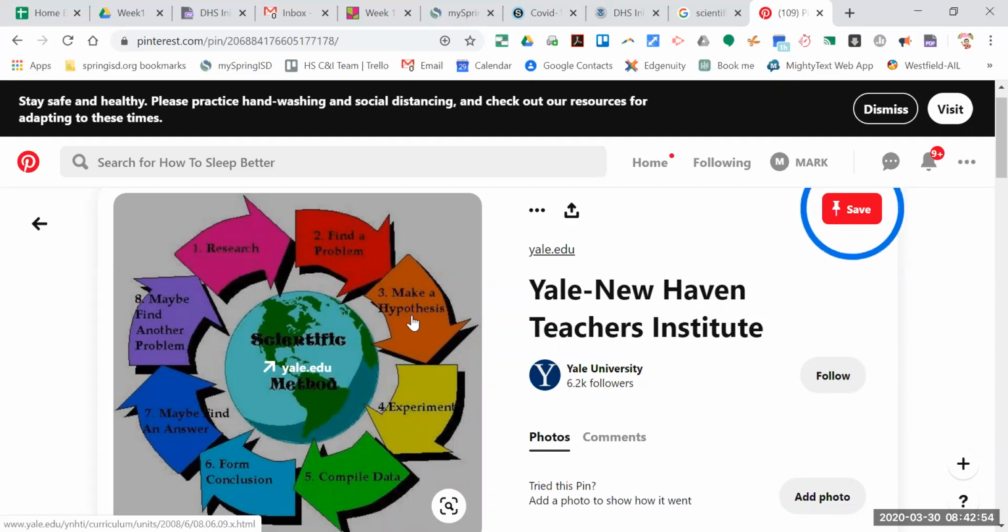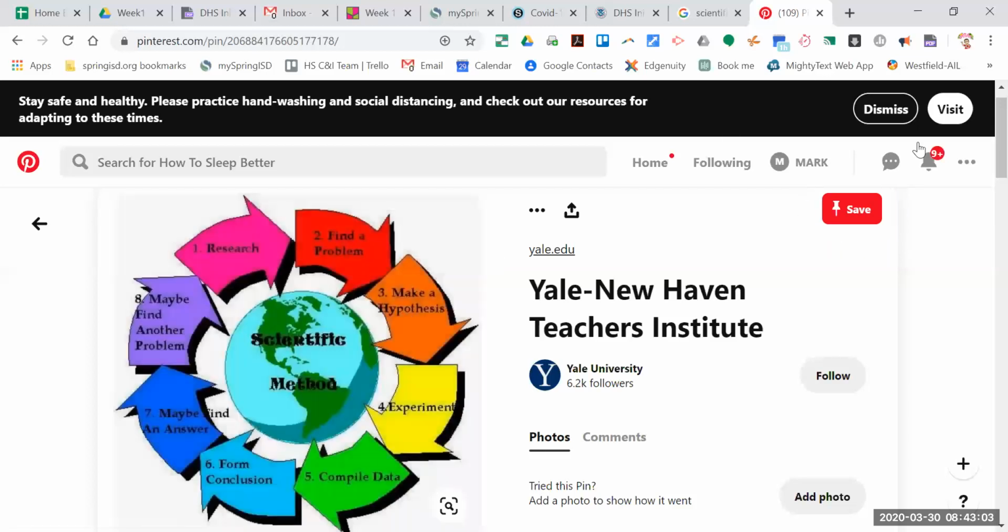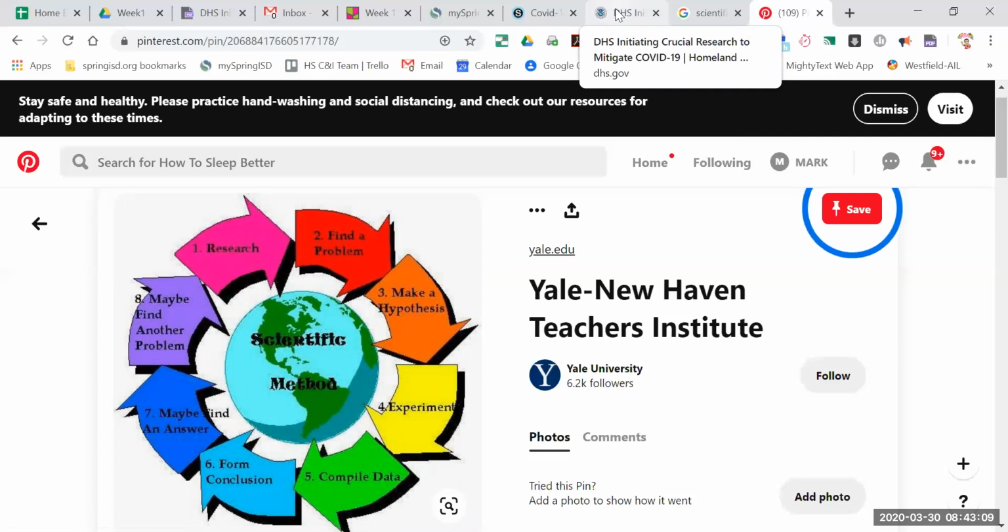How has a problem popped up with this virus, and then scientists have had to work through that problem? So it's a cycle. It keeps going and going and going because every time we solve a problem, there's typically something else that comes up during our research and investigation that makes us want to continue looking at things from a different perspective.